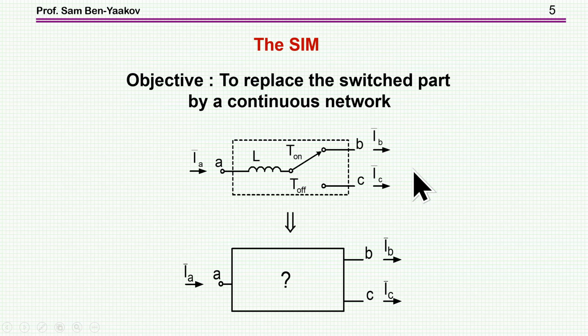The objective here is to take this thing and convert it into something which is continuous. It has 3 ports with 3 currents coming in or out, like the A, B, and this is the convention that I'm using. A is coming in and B is going out. Of course, you can then have a negative current.